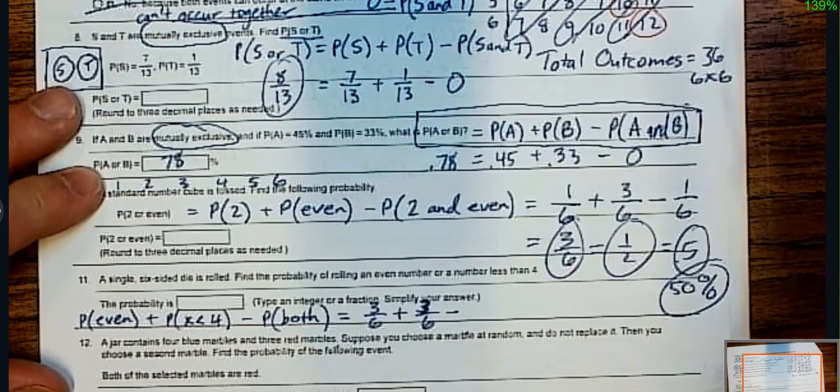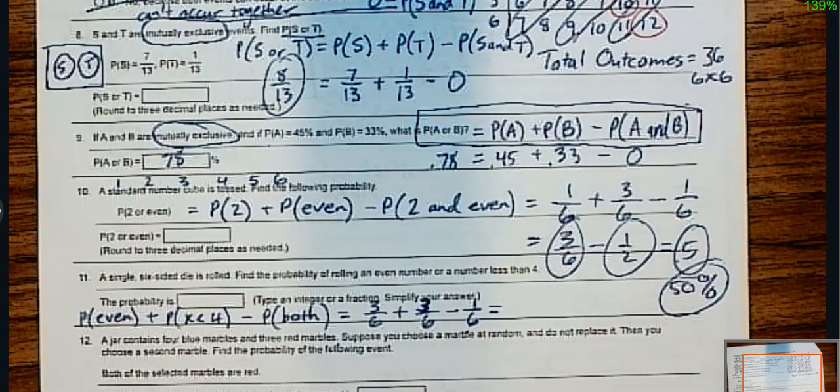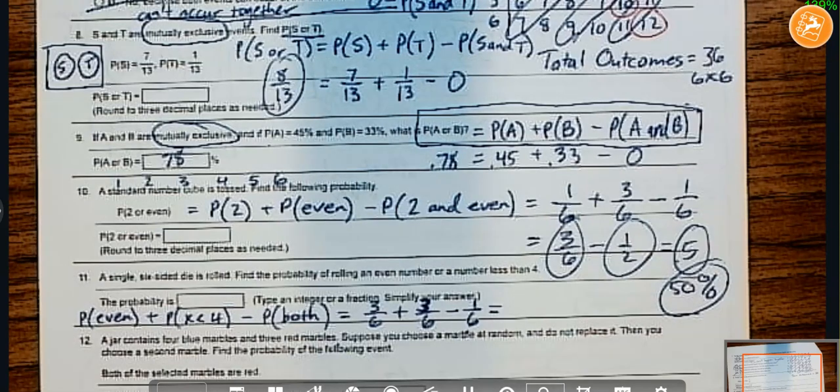So that's 1 out of 6. So please tell me the probability. What is the probability? 5 out of 6. Excellent.